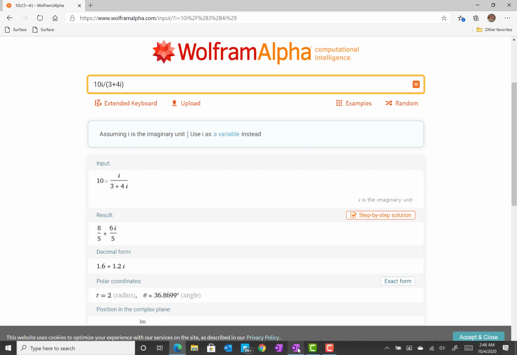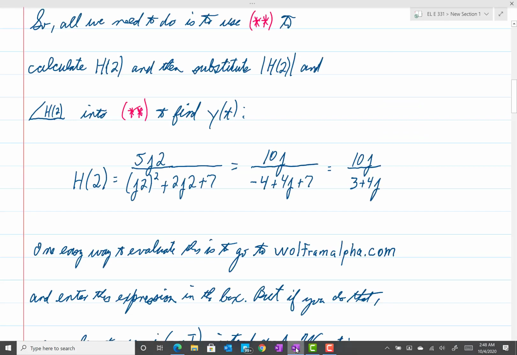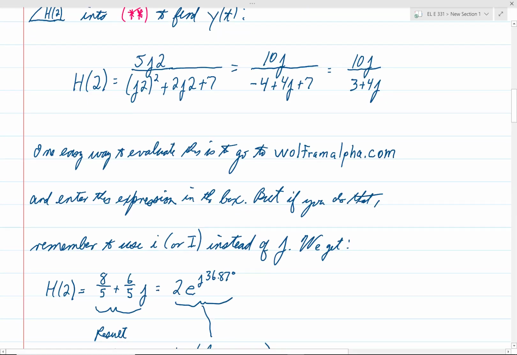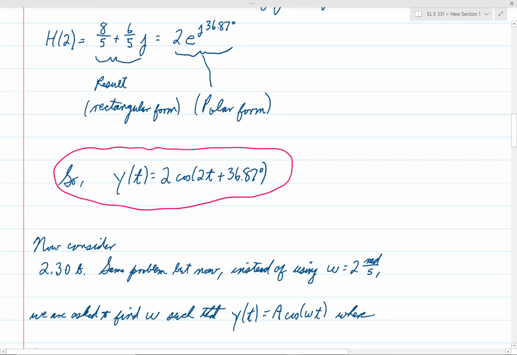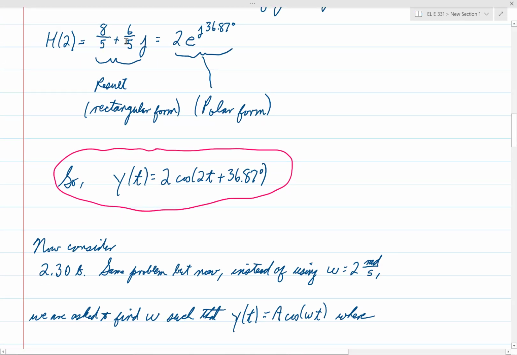So now returning to our discussion, as we just saw, this number is equal to 8/5 plus 6/5, and now that I'm back in the notes, I've switched back to j. But you need to use i on Wolfram Alpha.